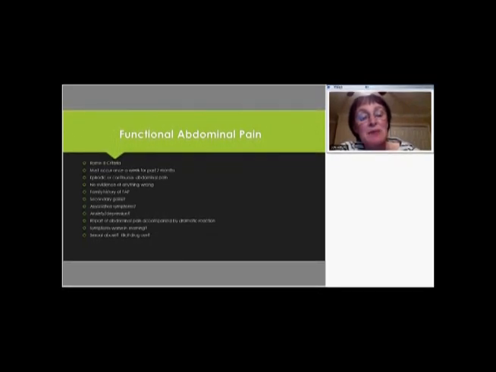Associated symptoms can be anxiety and depression. Reported abdominal pain accompanied by dramatic reactions, symptoms worse in the morning, and you need to think about illicit drug use or sexual abuse. I had a 10-year-old little boy that had this, and it was very dramatic.